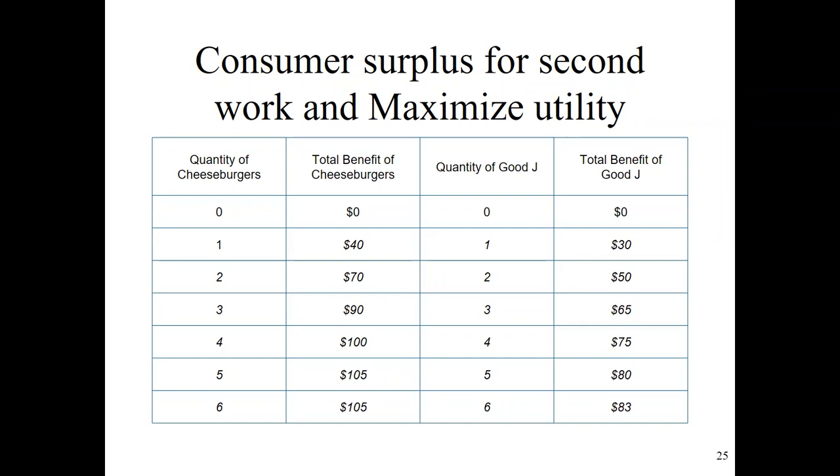Is there anything else we'll be asked to get from this graph other than consumer surplus and maximizing? They ask other things, yes. Could you find producer surplus for this?